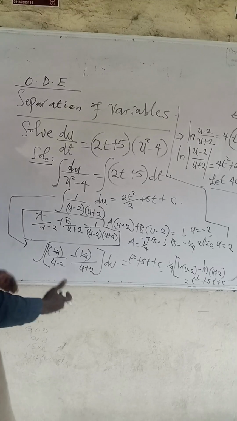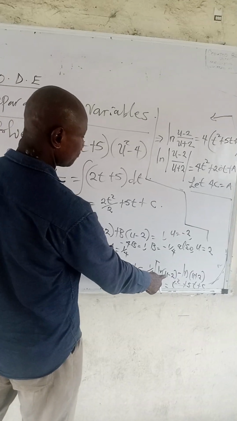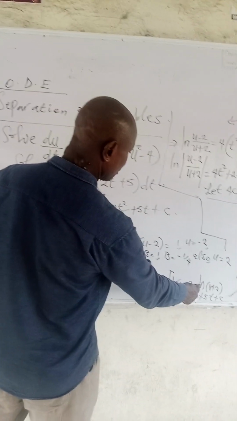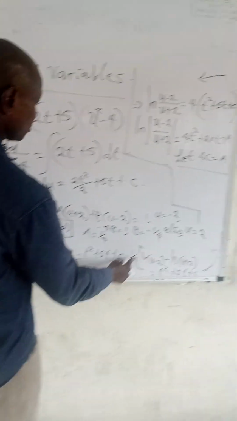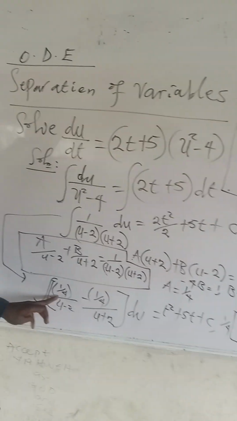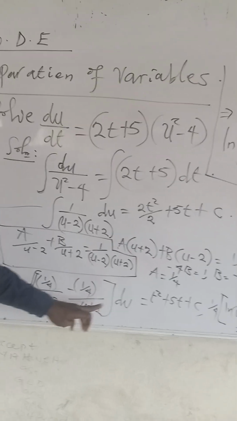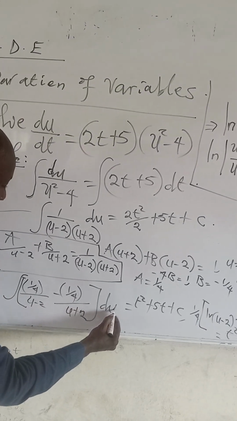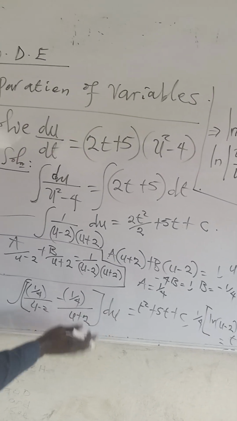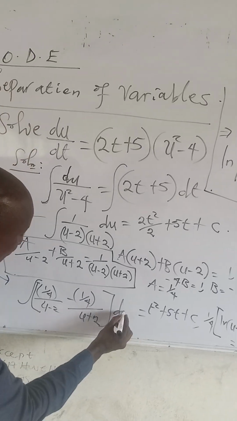Substitute and integrate, you have natural log of (u minus 2), natural log of (u plus 2), with 1 over 4, which was existing here as a factor. You can factorize it from here. Take note, it is going with du. That guarantees integration, because there must be a differential function to integrate.